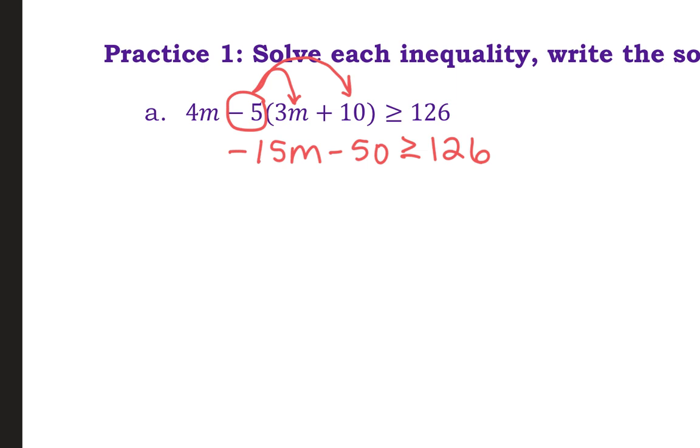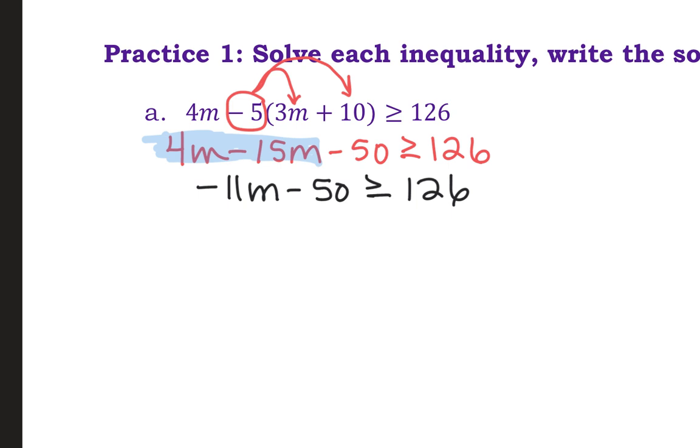Make sure you bring everything down that we did not move or add or subtract. All right, so then what are my like terms? And again, it helps some of us to highlight anything with the letter. In this case, our variables here are m's. What is 4 minus 15? Negative 11m. Minus 50 is greater or equal to 126.